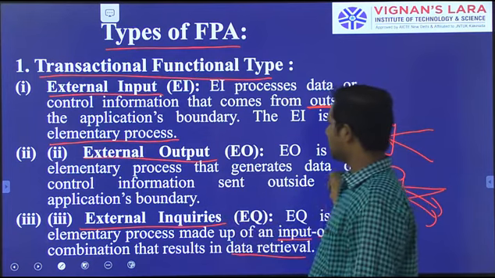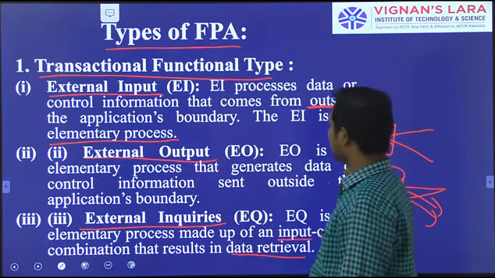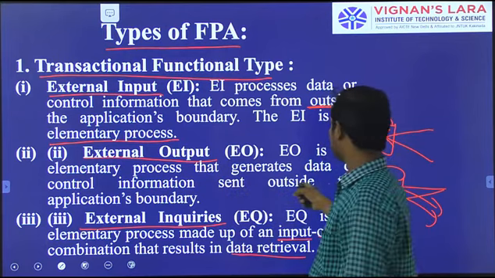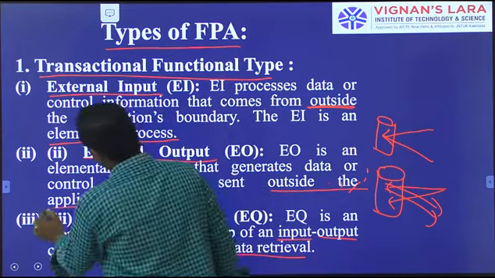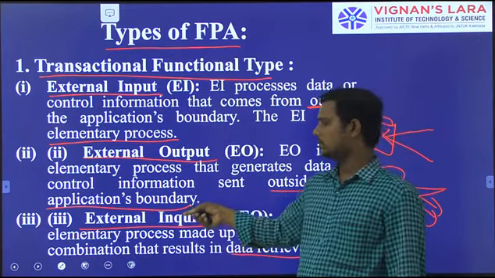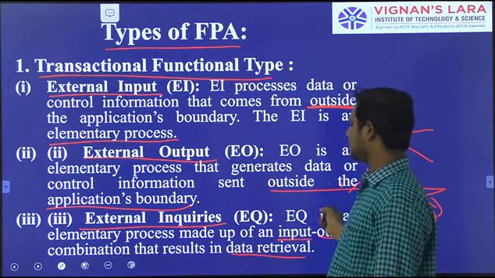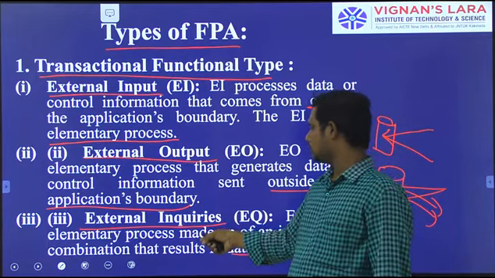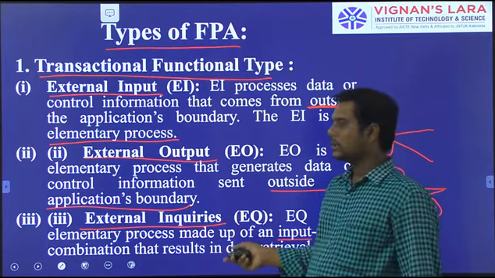External output is also an elementary process that generates data or control information sent outside the application boundary. And the third one, external enquiry, EQ, is an elementary process. It is also an input and output combination, and we get the results.